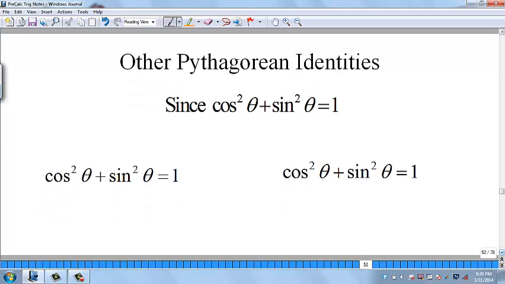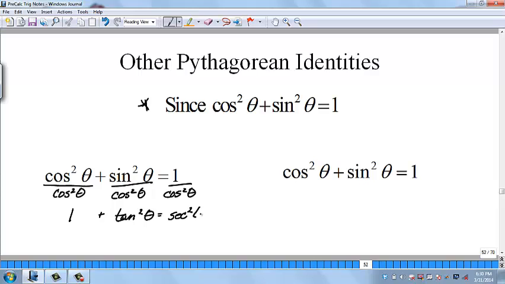Alright, now if we had to find other Pythagorean identities, this is the main one right here, but you can find the other two by dividing each term by something different. If I divided this entire equation by cosine squared, I would come up with a new trig identity, which is 1 plus tangent squared theta equals secant squared theta.